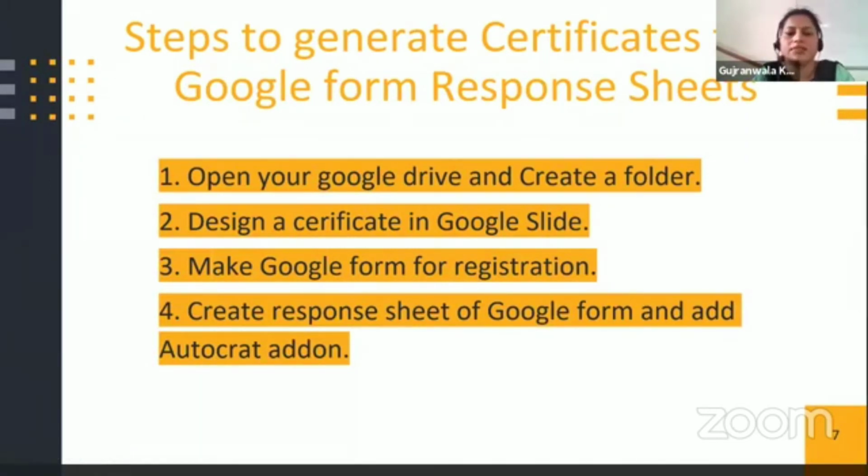A response sheet is nothing but an Excel file, but since it is provided by Google, we get a Google Sheet. Whatever details the registered people have filled in, once you receive the Google form link and fill in your particulars, those particulars are stored in a Google Sheet, where we can access all the details.